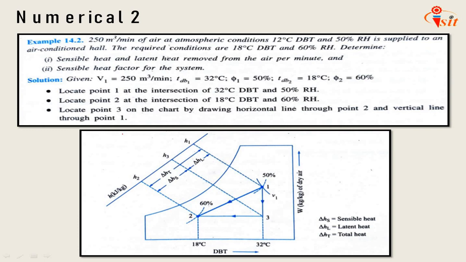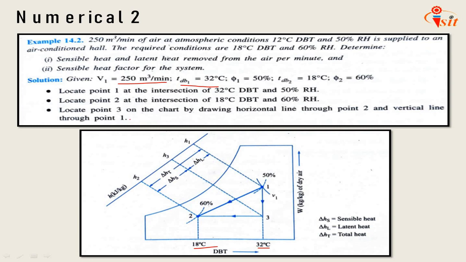Now here the given terms are written. V1, that is 250 meter cube per minute, here V1 is volume. TdB1 is 32 degrees Celsius. Phi1, that is relative humidity, is given as 50% RH. TdB2 is 18 degrees Celsius and relative humidity at point 2 is 60%.